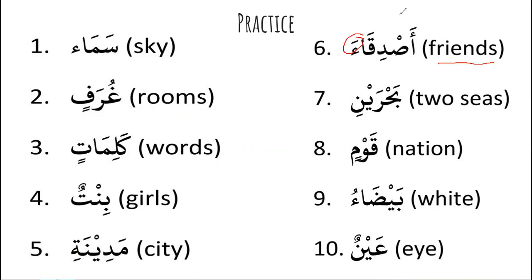Sadiq is friend. Asdiqa is friends. So it's a broken plural, and a broken plural we can treat as either masculine or feminine, because it's a human broken plural. And a human broken plural has two ways of treating it, right? Okay. So next word.